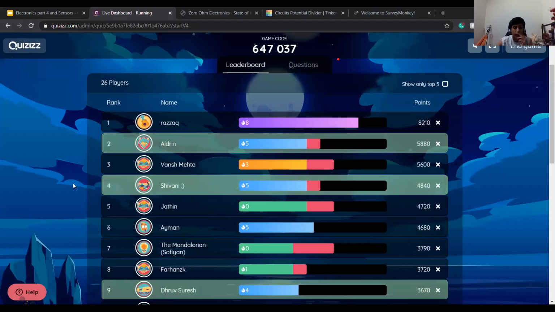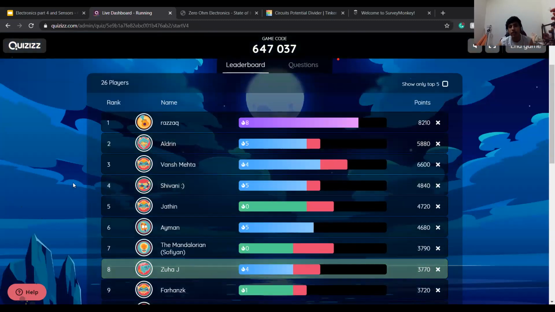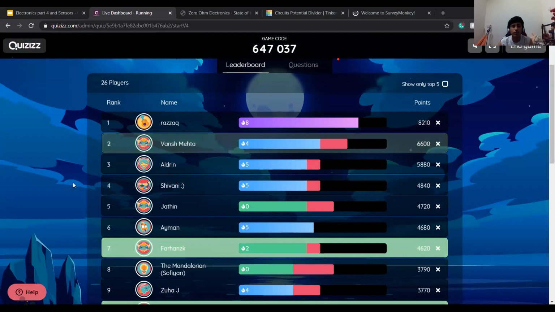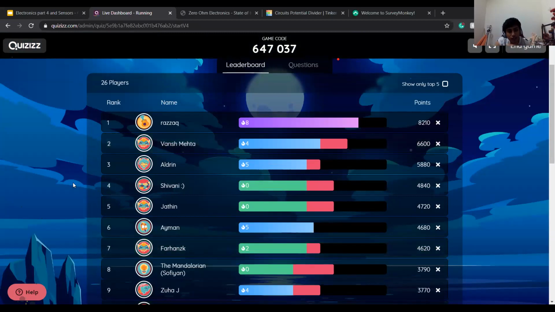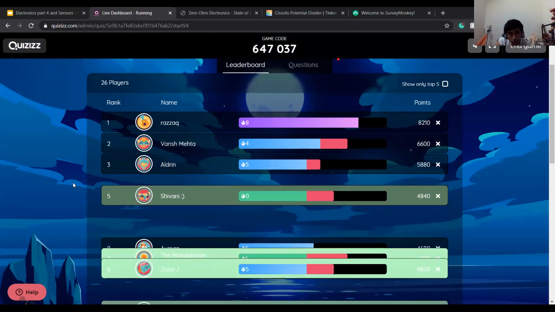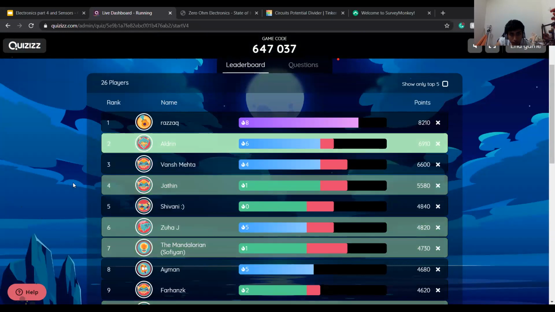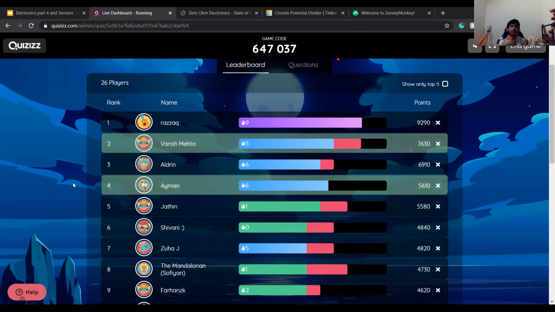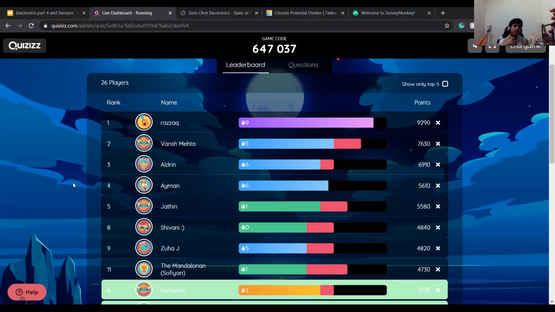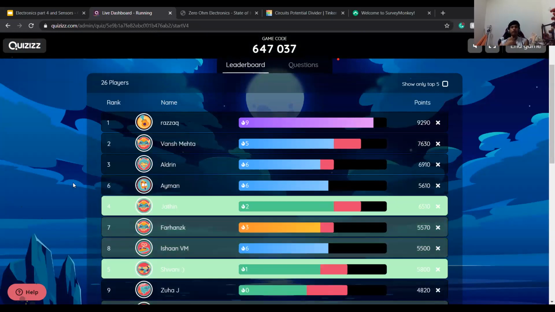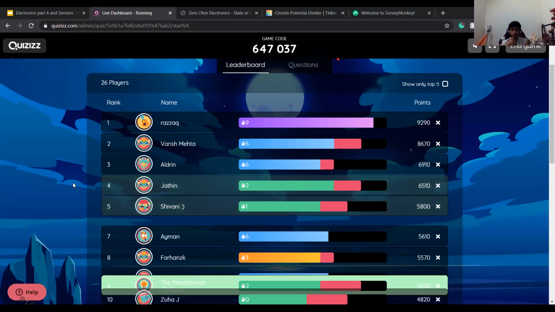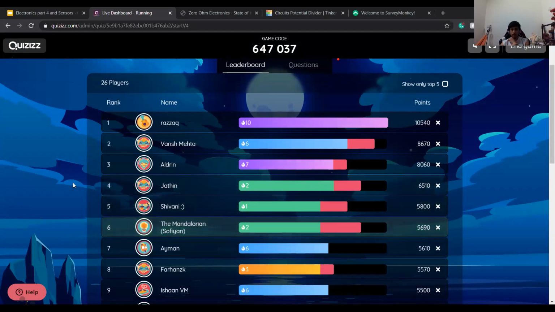Okay, what does it look like now? Razak is in the lead. See, because he was asking questions and he was listening. So obviously he's gonna get more points than others. Okay, Alden's coming up. See, he was engaging as well. Farhan's there. There's Jatin. Vansh is second right now.